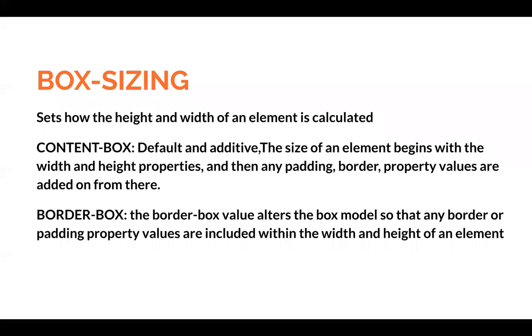I don't really need to know how it does the calculation. All I need to know is that no matter what, the width and the height of my element will be what I specify. That box sizing is called a border box. The border box value alters the box model so that any border or padding property values are included within the height and width of an element.